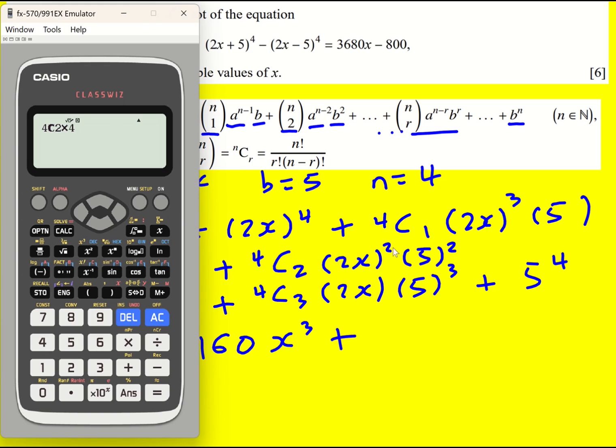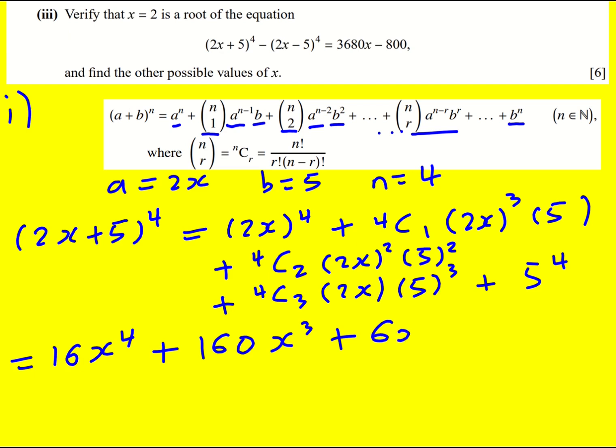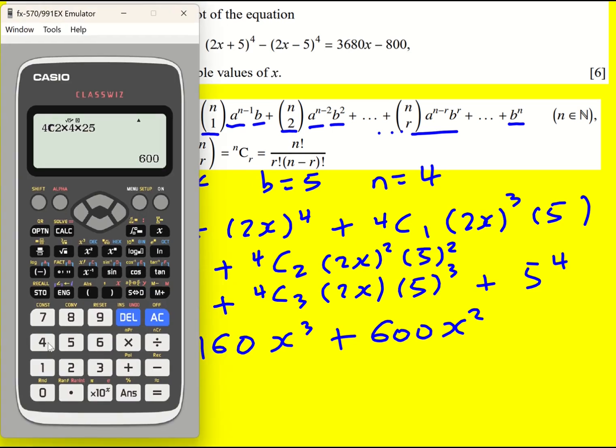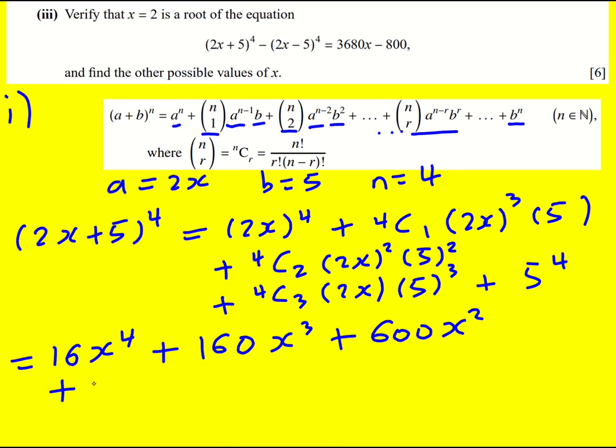Two squared now, so I'm just putting 4 in and then times 5 squared, which is 25, giving 600. 4C3 is actually exactly the same as 4C1, times 2 times 5 cubed. And finally, 5 to the 4 is 25 squared, it's 625.